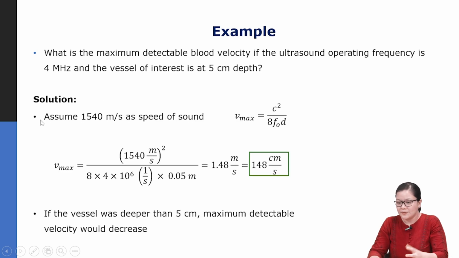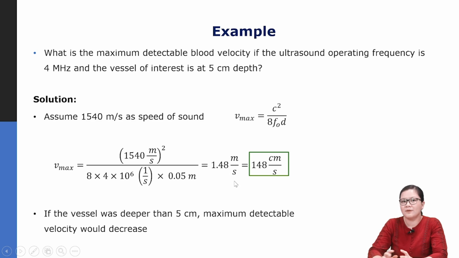If we assume the speed of sound is 1540 meters per second, we utilize this expression and plug in the speed of sound, the 4 megahertz, which is 4 times 10 to the 6 hertz, times 5 centimeter depth, or 0.05 meters. Plug these in and calculate, and you get 1.48 meters per second.